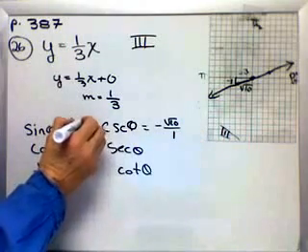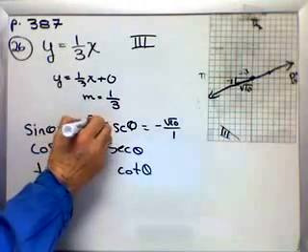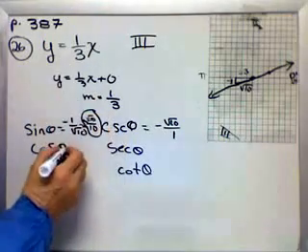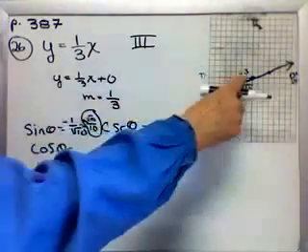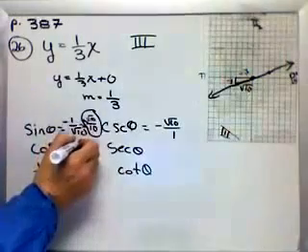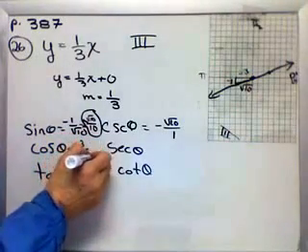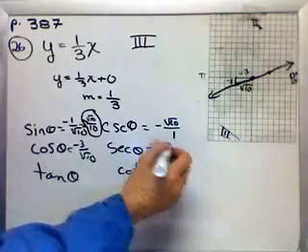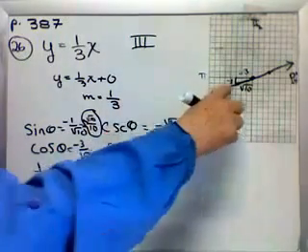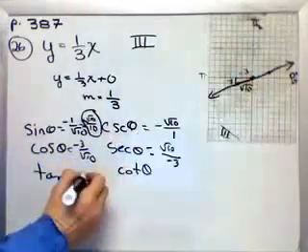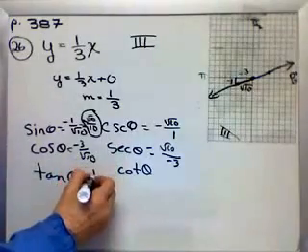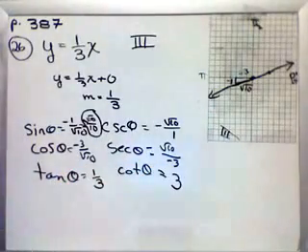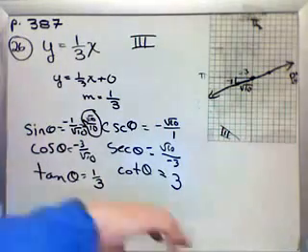The answer book's going to call this negative root 10 over 10, so they like you to rationalize the denominator. All right, the cosine of this is adjacent over hypotenuse, negative 3 over root 10, and then this becomes root 10 over negative 3. The tangent, opposite over adjacent, so negative over negative becomes positive 1/3, cotangent positive 3. There you go with 26.